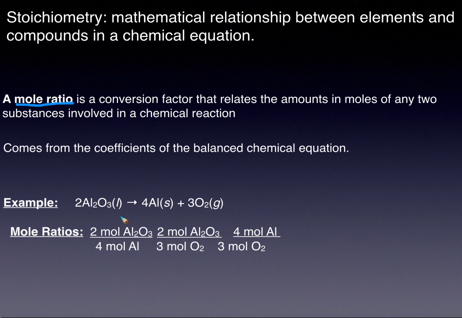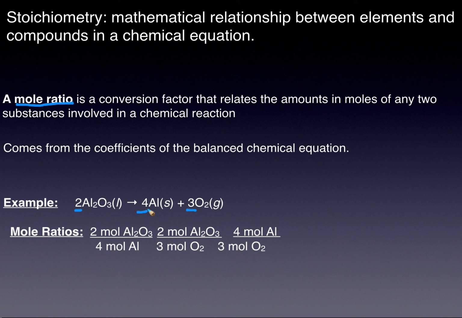Now if we look here, we see an example: the decomposition of aluminum oxide. If we wanted to show the mole ratio between aluminum oxide and aluminum, it would be 2 to 4. Aluminum oxide to oxygen would be 2 to 3.